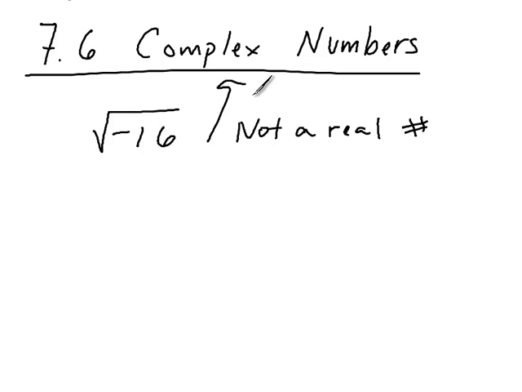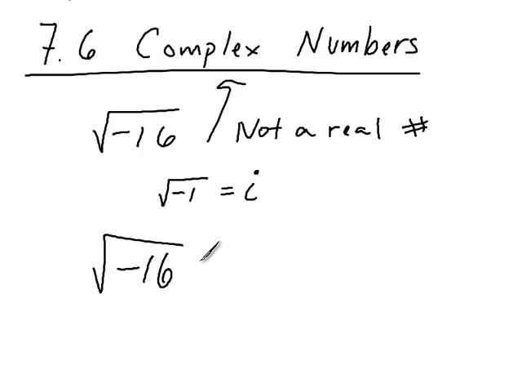And what we do with complex numbers is just like the unit 1 is how we count with real numbers. The standard unit that we have is the square root of negative 1. We call this i. And so all complex numbers are written in terms of i. So if we were to simplify this guy in terms of i, we could say this is the same thing as the square root of negative 1 times 16.